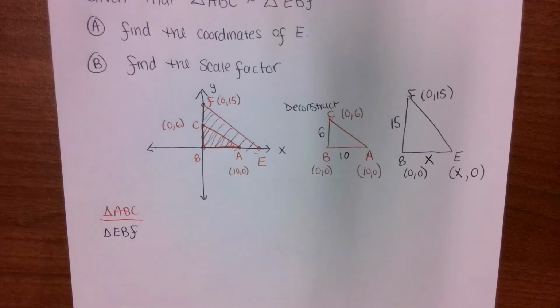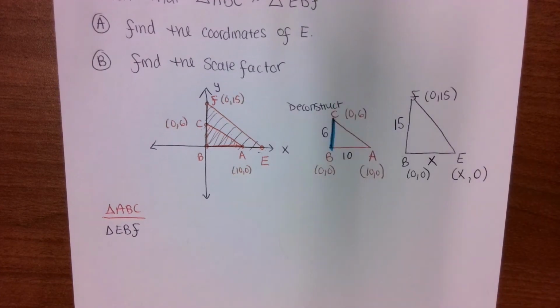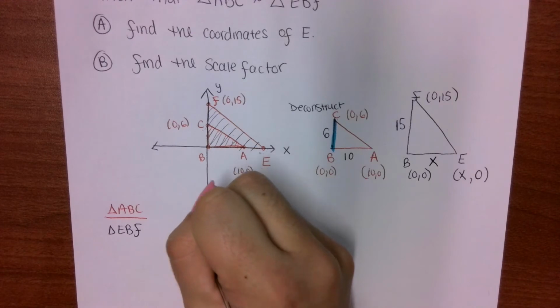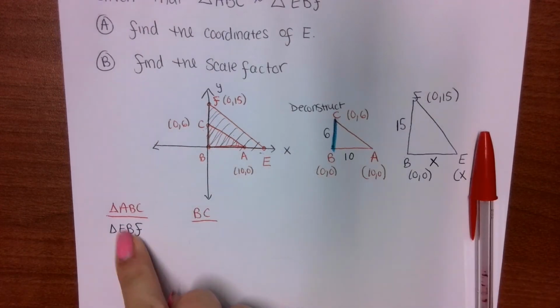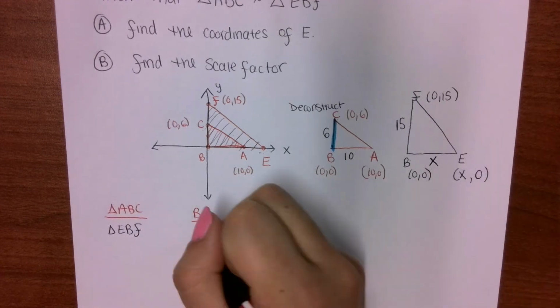So on triangle ABC, I'm just going to choose a side. If I chose BC, what does it correspond to in triangle EBF? So BC corresponds to BF. BF right here.